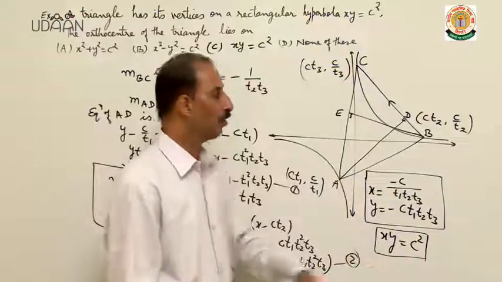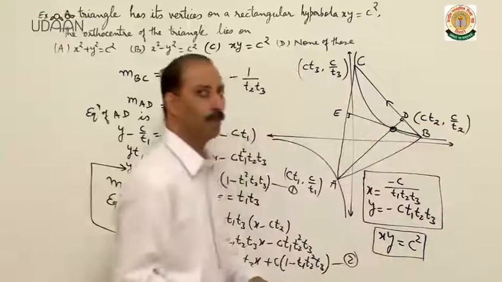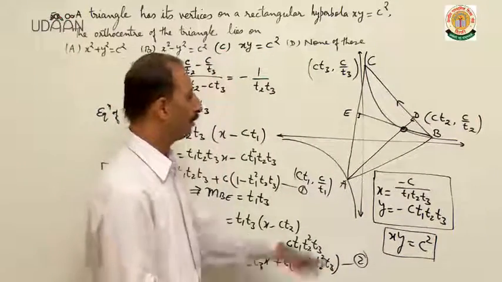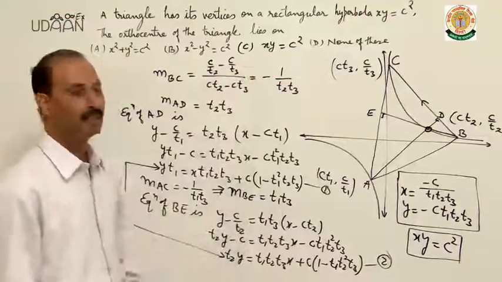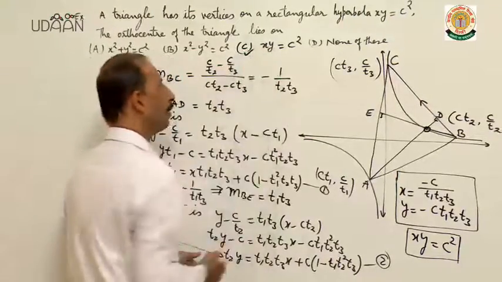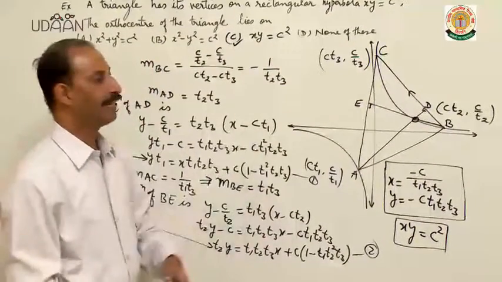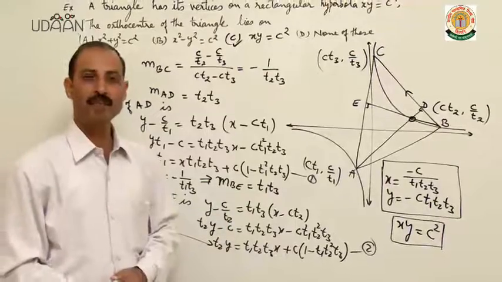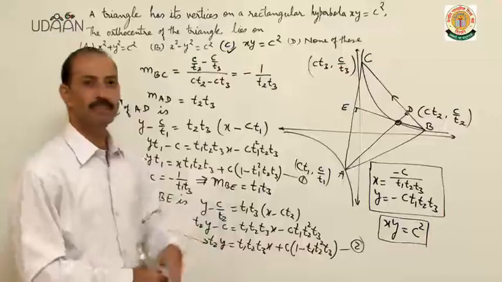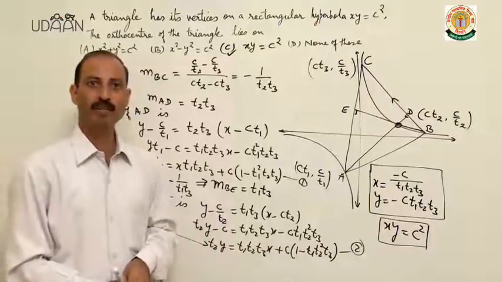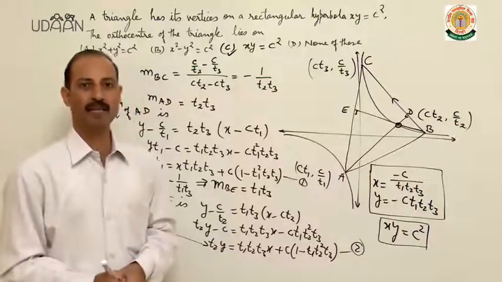It means the orthocenter lies on the same hyperbola. So the answer will be the same equation of curve, xy is equal to c square. Children, you can remember this as a standard property: if any rectangular hyperbola is given, then the triangle whose vertices lie on this rectangular hyperbola, its orthocenter also lies on the same rectangular hyperbola.